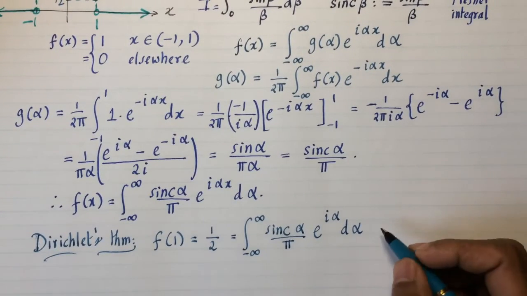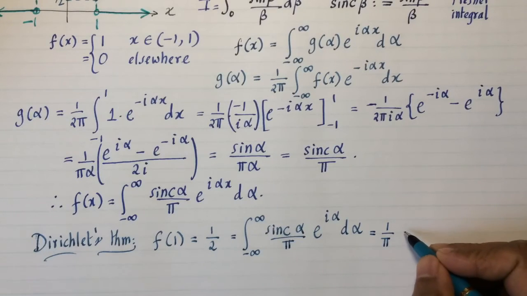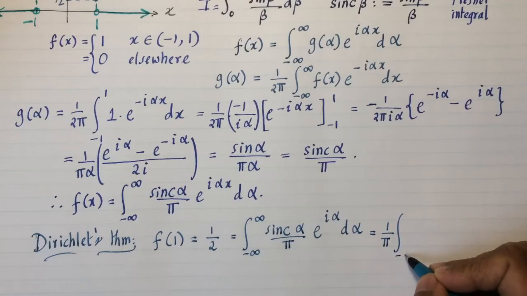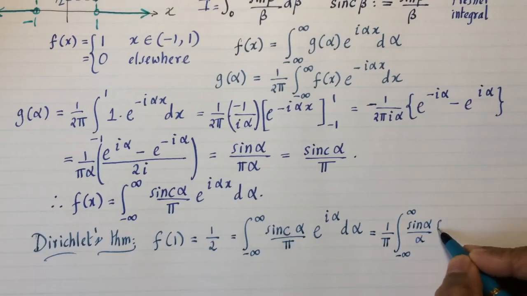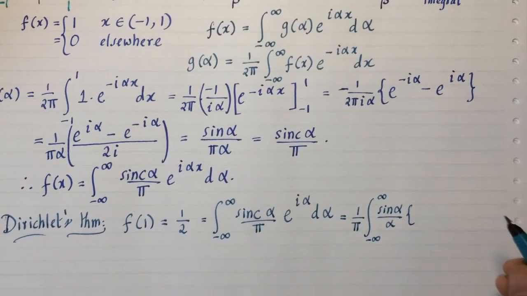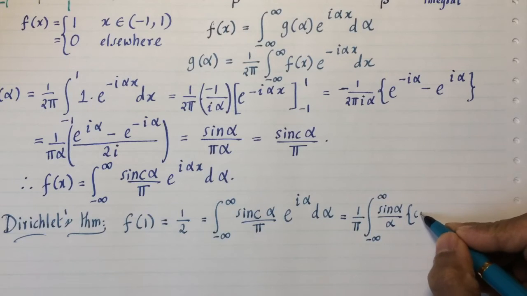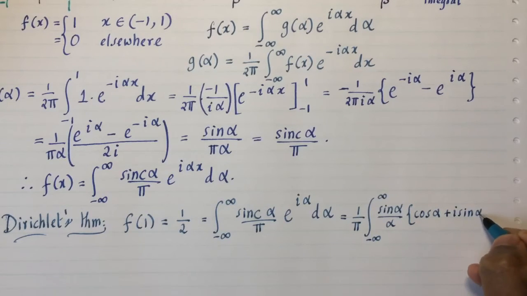Now to evaluate this, I can take the pi outside. Let me now restore what Sinc means. It's sine alpha over alpha. E to the I alpha can be expanded by our good old friend, Euler's formula. So that's cosine alpha plus I sine alpha d alpha.